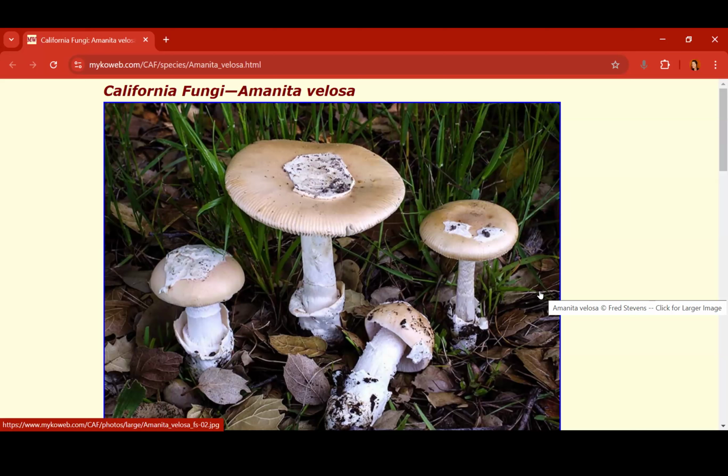It has white patches on the cap and a beautiful salmon colored cap, large stem, and large volval sac. Sadly, it's confused with the death cap and Amanita ocreata, and people have been poisoned when they had wanted this mushroom.